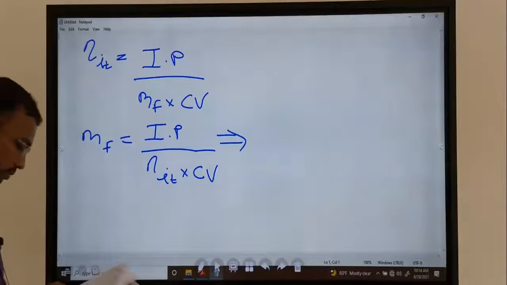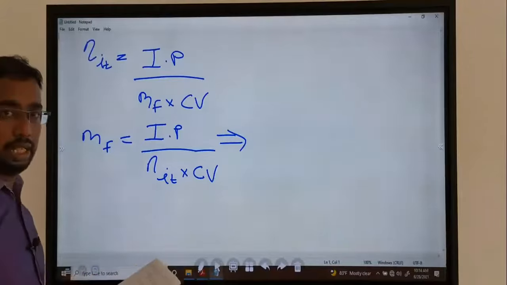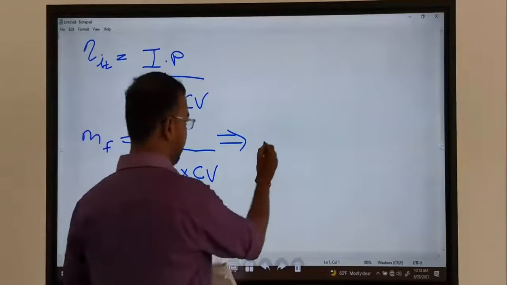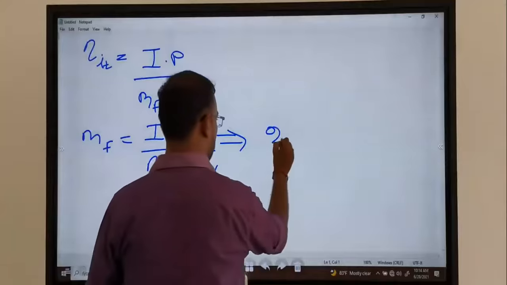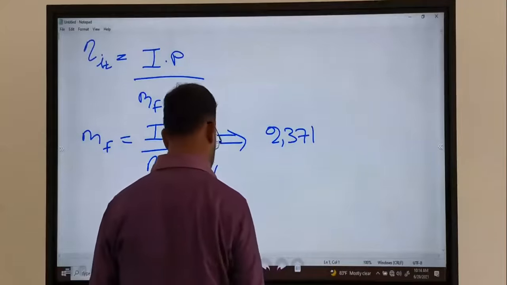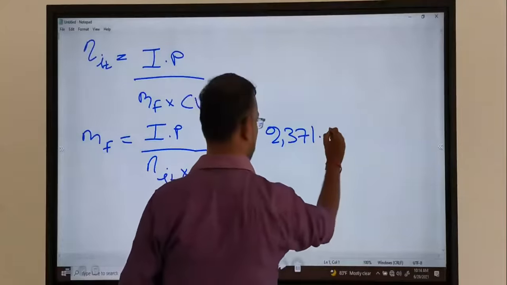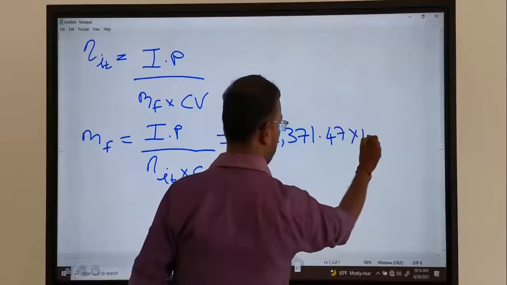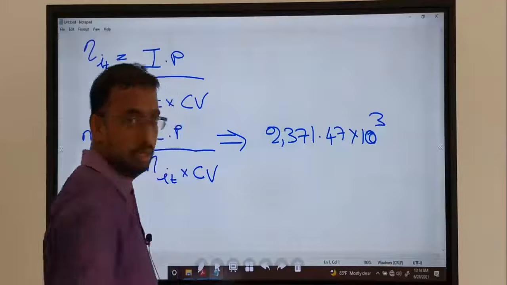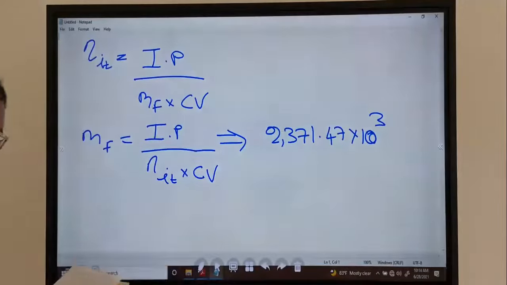Indicated power we know, so here use the watt: 371.47 into 10^3.